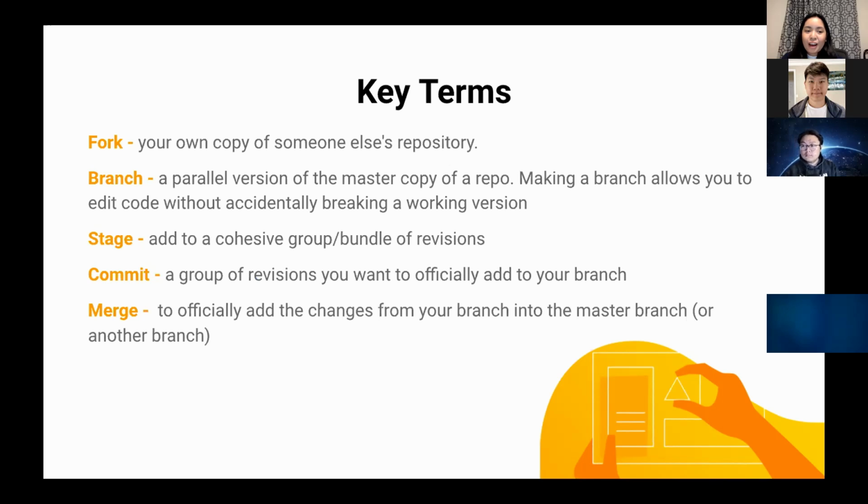And then you have branches. So a branch is like a parallel version of the master copy of a repository. And when you're making a branch, it allows you to edit code without editing someone else's code.